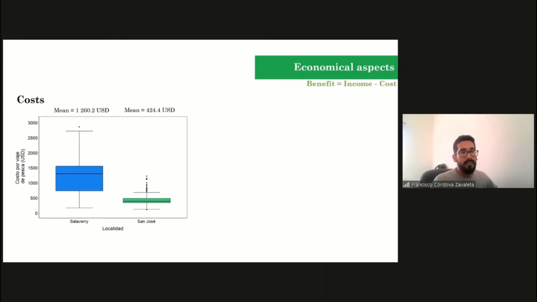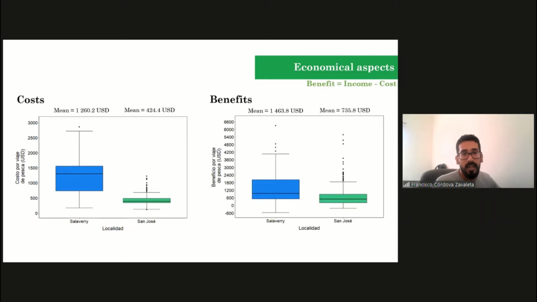What I was saying is about the cost of a fishing trip. The cost in Salaberry is much larger than in the case of San Jose. And we can see the benefits in Salaberry are much larger than in San Jose. There are also some exceptional fishing trips in which we can consider there is a boom in the abundance of sharks and batoids.